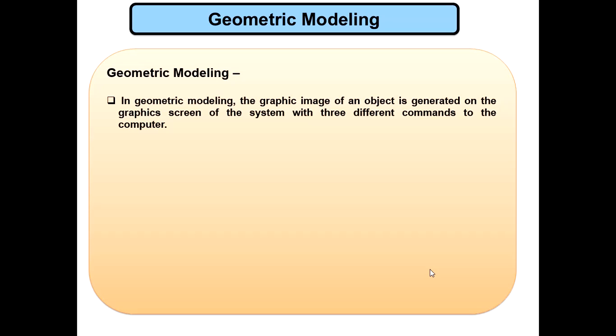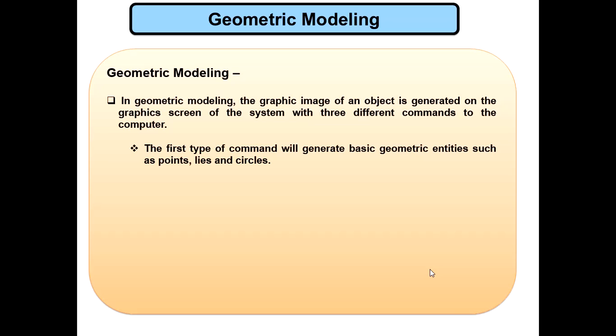One by one we will see these three different commands which generate the graphic image. The first type of command generates the basic geometric entities like points, lines, circles. These basic geometric entities can be generated with the help of these basic commands.